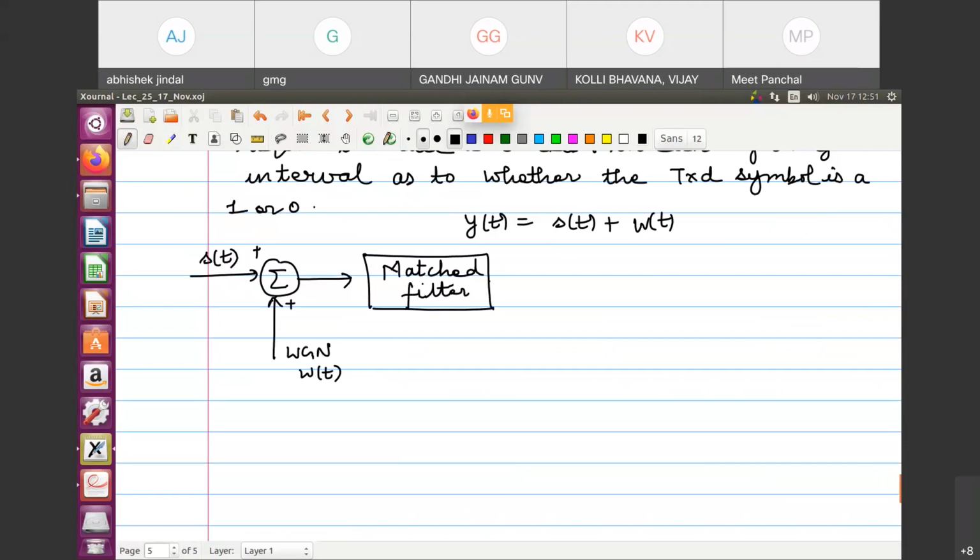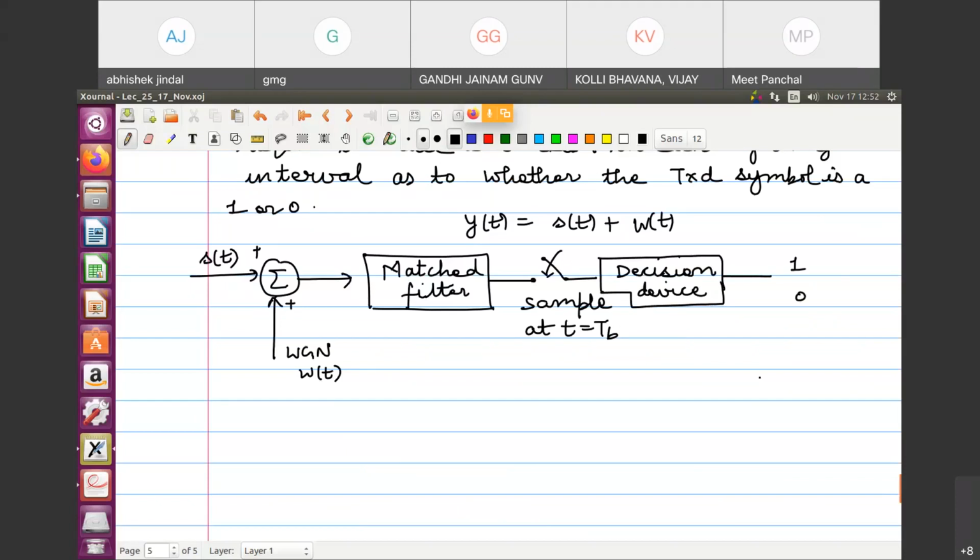And because we know that if there is an output from the matched filter, you need to sample it. Let us say you sample at t equal to TB. And then this is the decision device. Okay, so this decision device has to basically tell you whether 1 is transmitted or 0 is transmitted. Okay, it has to give you a choice.